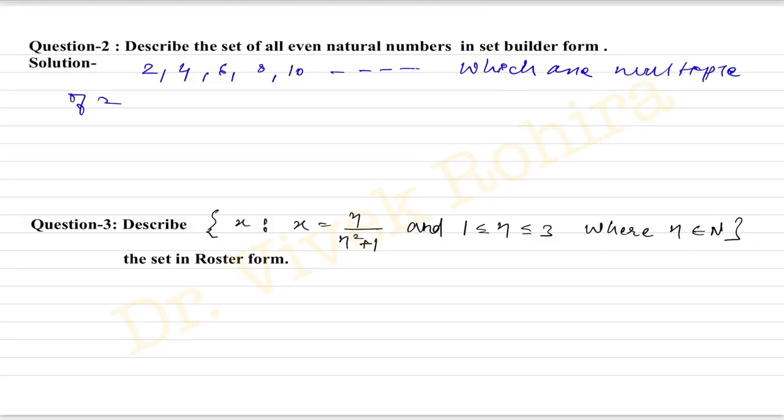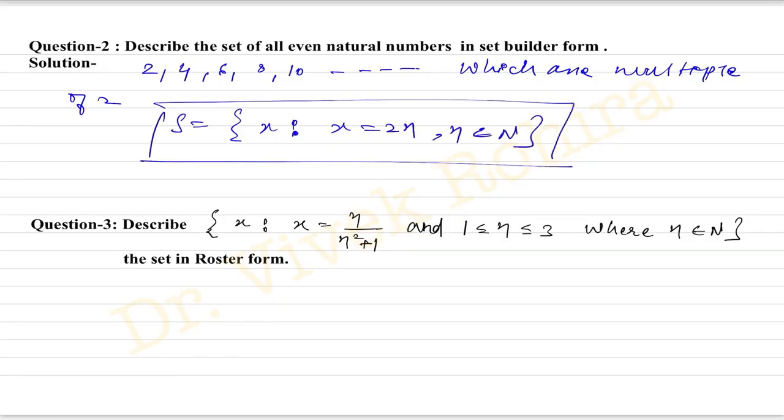So in the set builder form, this can be written as S = {x : x = 2n, where n belongs to the set of natural numbers}. This is the set builder form, where x is a variable we introduce. We connect this variable with the property 2n, where n belongs to N.